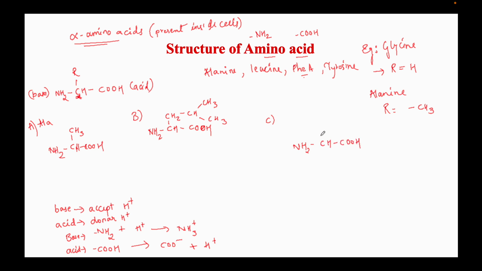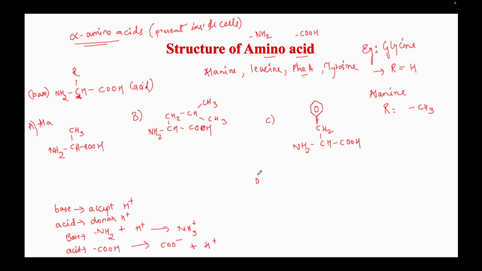With practice you will be able to write the equations easily. Here we'll have a benzene ring. This is the phenylalanine amino acid. Here also there is no charged basic group or acidic group.